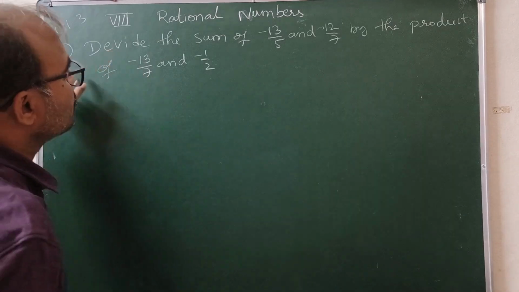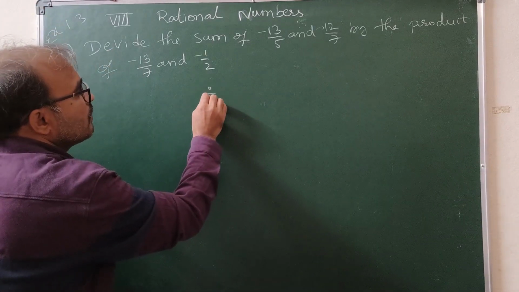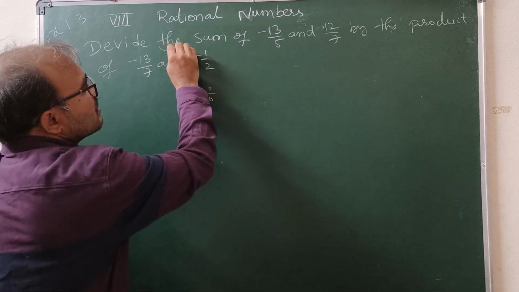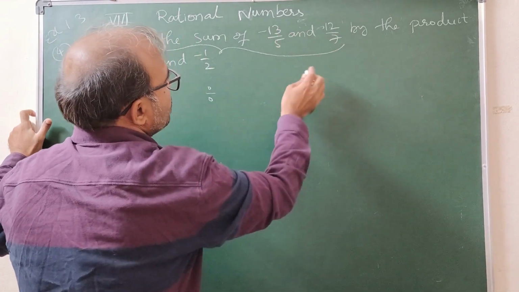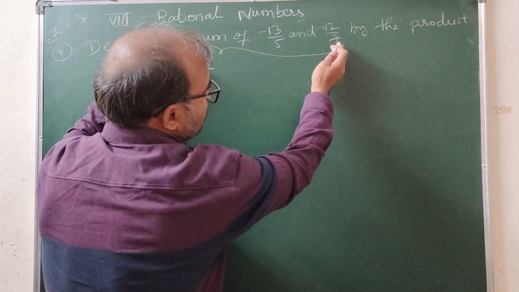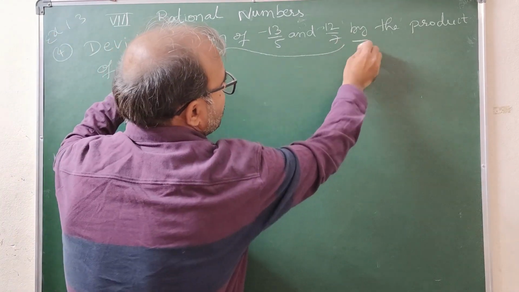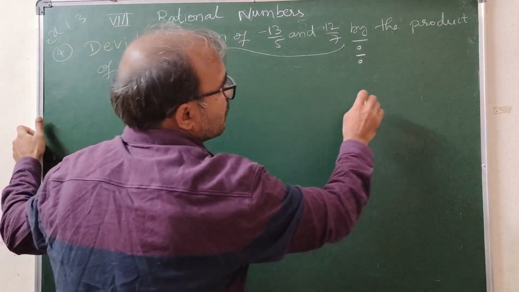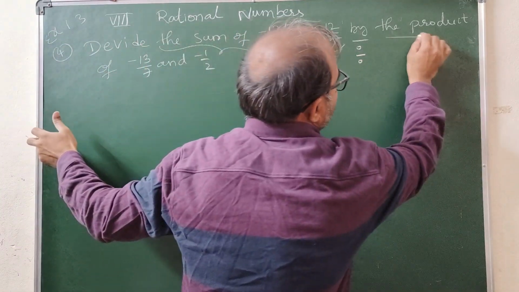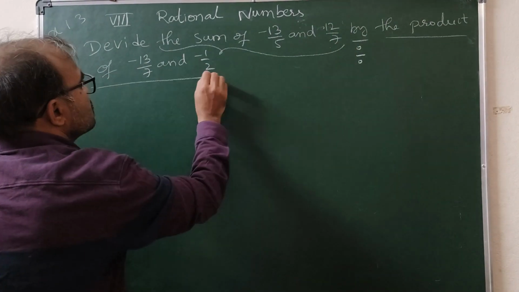We have to divide. What do we have to divide? The sum of minus 13 by 5 and 12 by 7 we have to divide by the product of minus 13 by 7 and minus half.